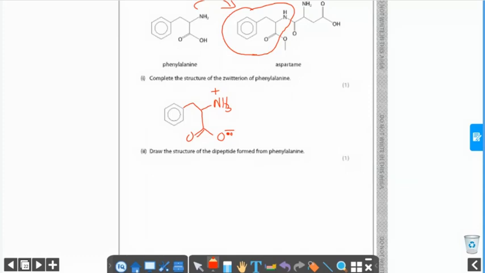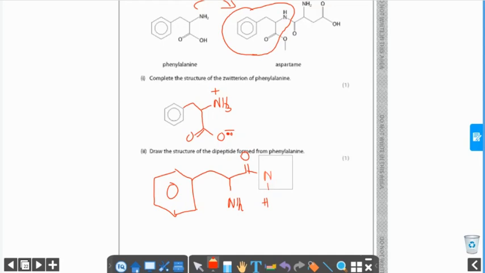So we can draw it this way. The amide linkage should be there, right? So this is NH2, and there is another bond here. So this is NH2, and you have the carboxylic acid with the other NH.